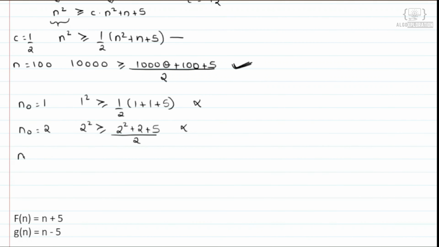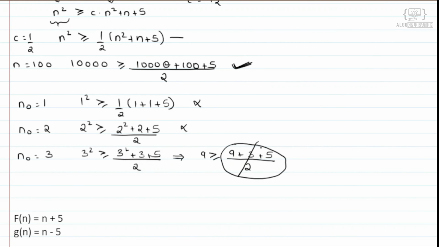Let's put n naught as 3. 3 square is greater than or equal to 3 square plus 3 plus 5 upon 2, which gives us 9 is greater than or equal to 9 plus 3 plus 5 divided by 2, so this will be 8.5 and the condition is true.